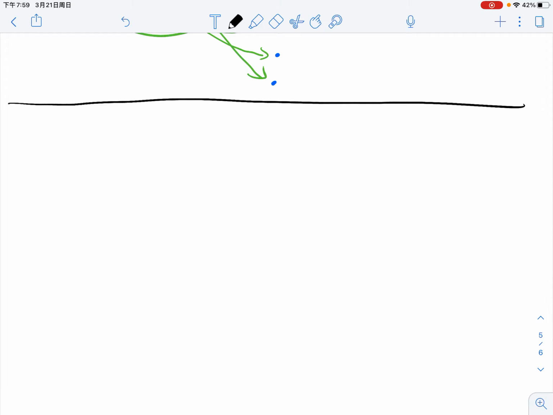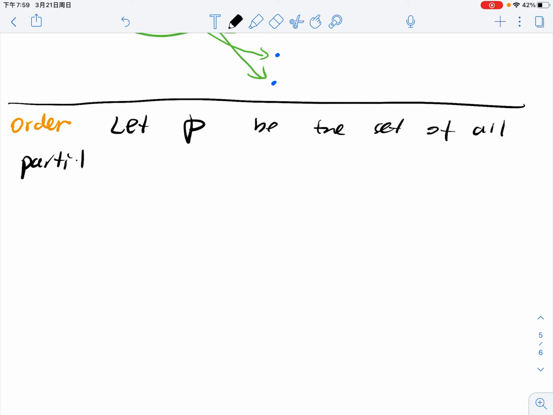Okay, and before we go on, actually we can also define an order on all partitions. First, we would like to define the partial order. Let P be the set of all partitions of N greater than or equal to 1.